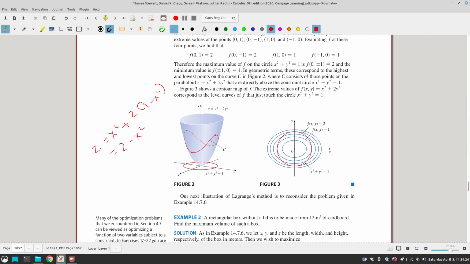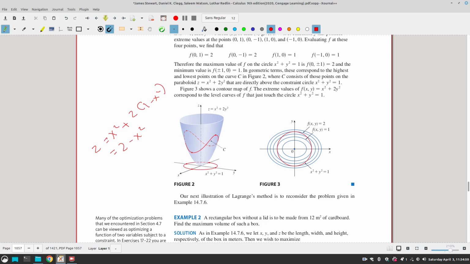So directly above the paraboloid I have this curve C in 3 dimensions, and the projection of this curve C is x squared plus y squared equals 1. The highest point of C is 2, and the lowest point of C is 1.